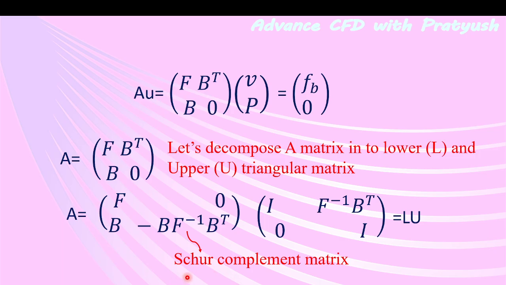This is known as the Schur complement, where we can write this A in the form of this matrix and this matrix, and if we multiply these two matrices, it is going to give us this kind of matrix. So this is known as the lower triangular matrix, and this is known as the upper triangular matrix. So we can write this A matrix as the lower triangular matrix times the upper triangular matrix.